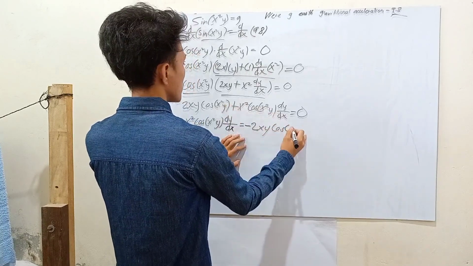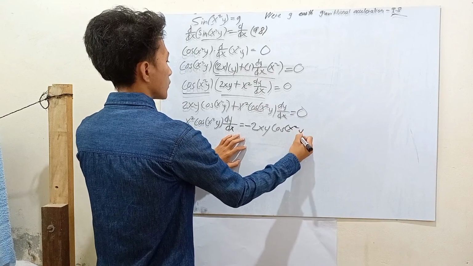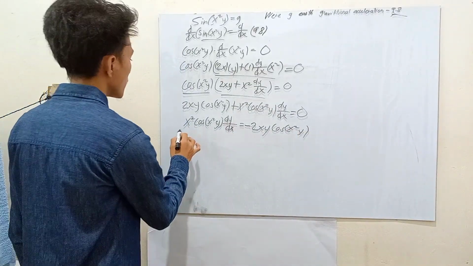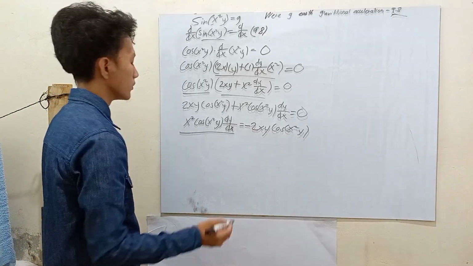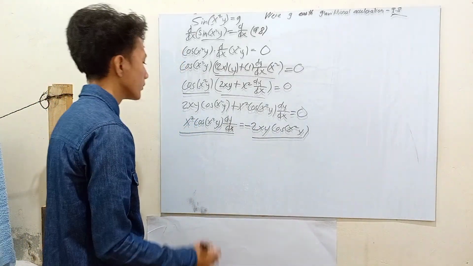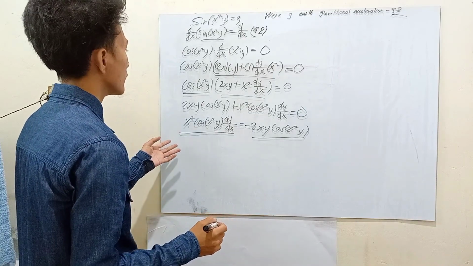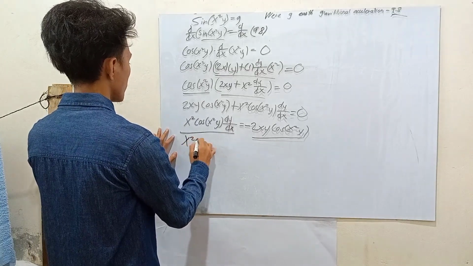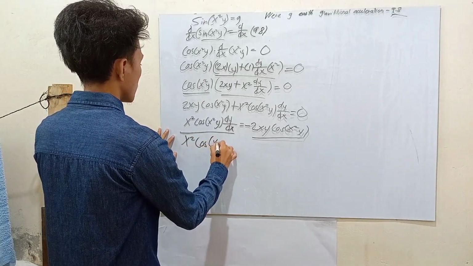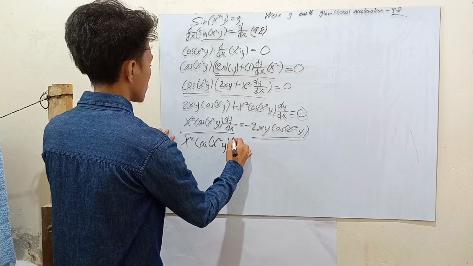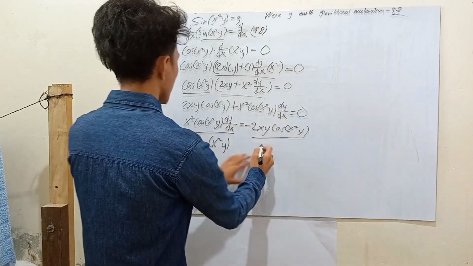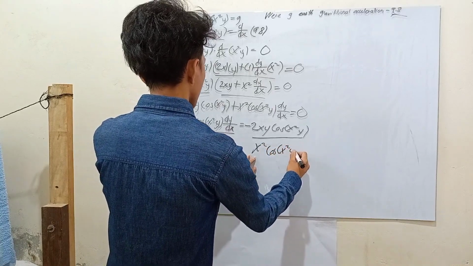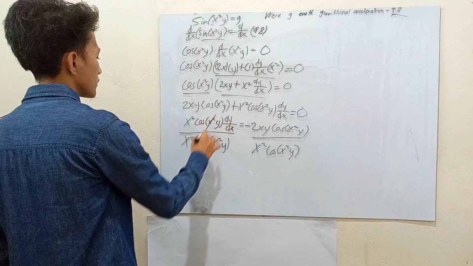Copy this x squared y. Then, to cancel out this one, we divide both sides of the equation by x squared cos x squared y. The same on the other side, x squared cos x squared y. Then simply cancel this.